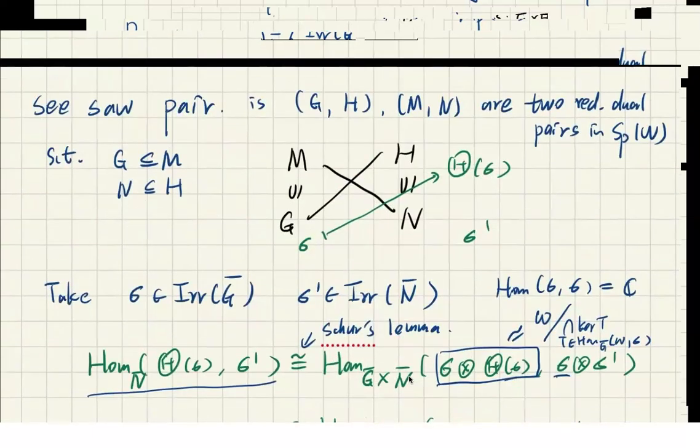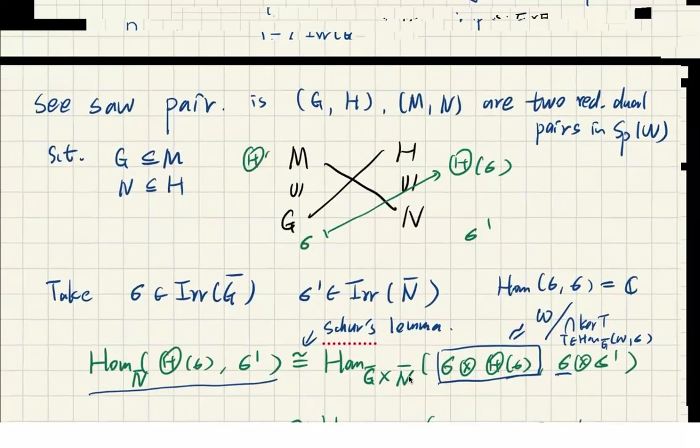So the situation is that you have sigma prime, so you have theta sigma prime. So roughly speaking, the number of times sigma occurs in here is the same as the number of times sigma prime occurs in big theta sigma.